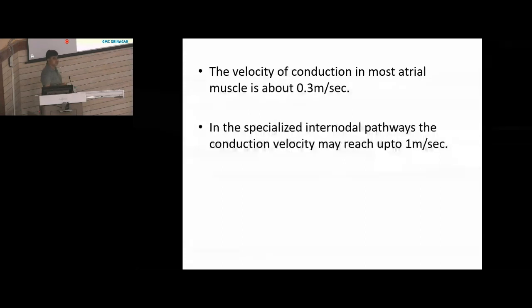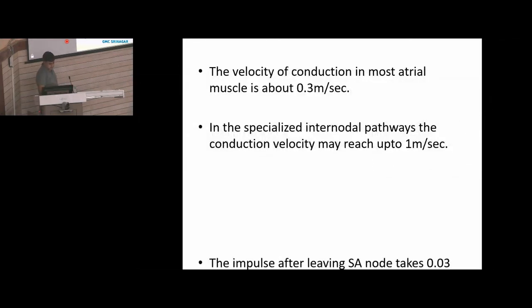The surrounding atrial fibers conduct at 0.3 meters per second, so conduction is way faster in these conduction system components.